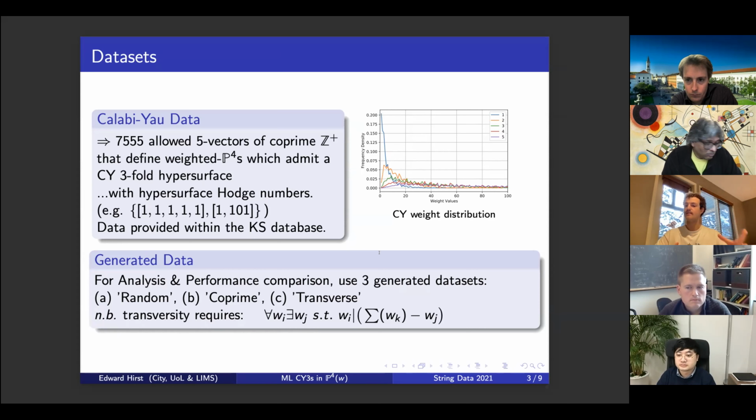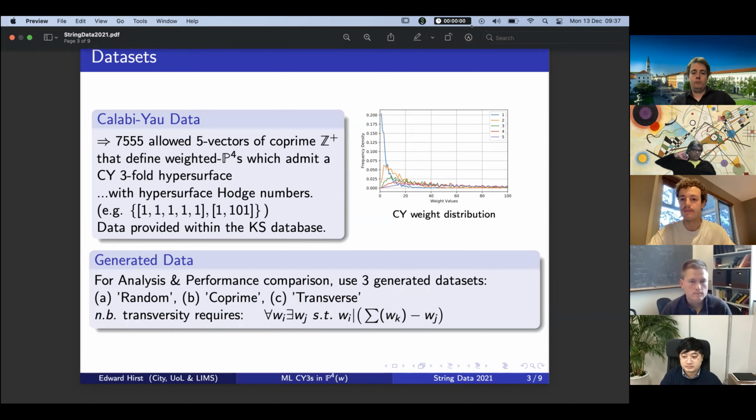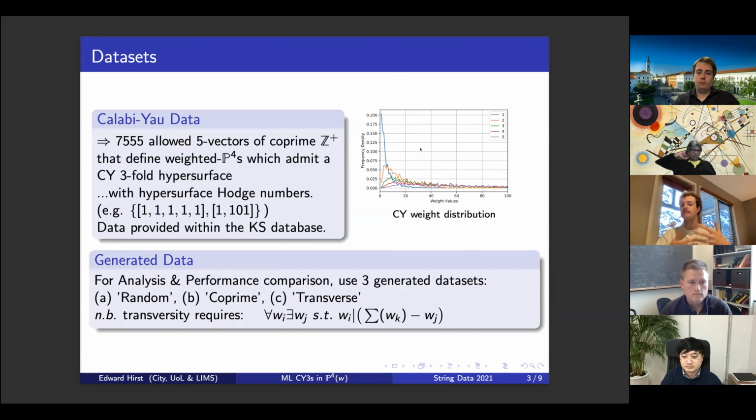But the data set specifically is these 7,555 5-vectors of weights, and each of these defines some weighted P4 space. These are the specific combinations of weights that create weighted P4 spaces that admit Calabi-Yau threefold hypersurfaces within them. So in a sense, a very special database that permits these hypersurfaces to be constructed within them.